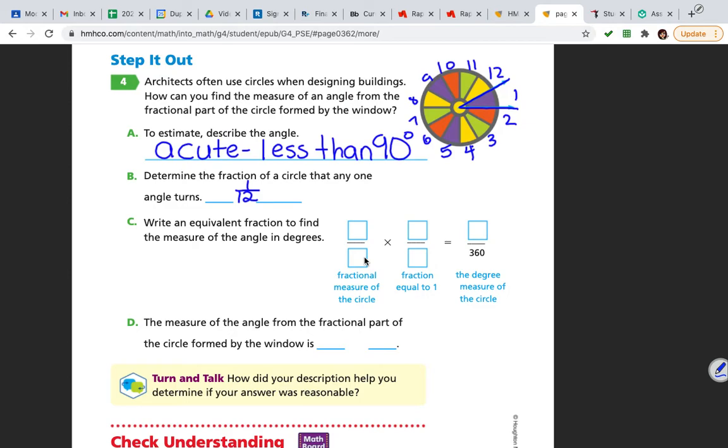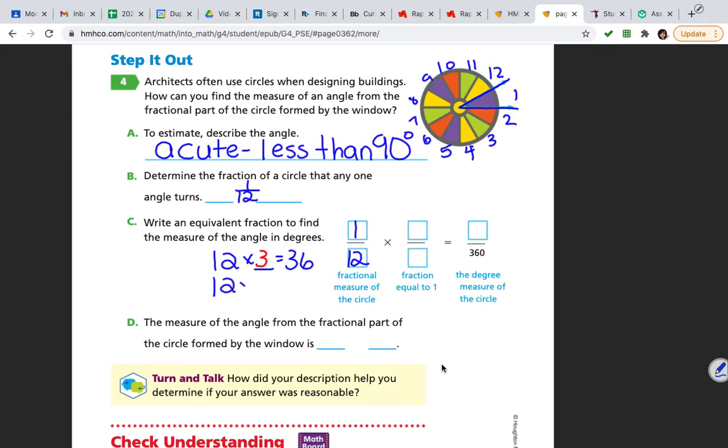C, write an equivalent fraction to find the measure of an angle in degrees. And we know it's 1/12. So 1/12 right there. And we want to multiply it by some number. So 12 times something equals 360. Well, I know that 12 times 3 equals 36.